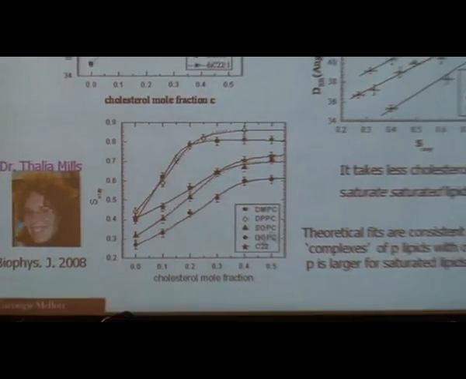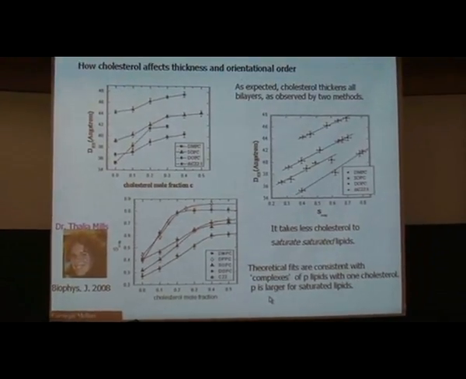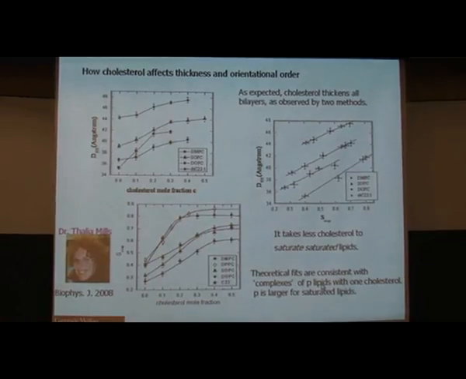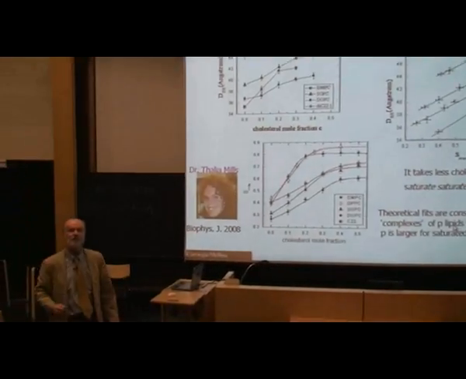And it's so simple, as a physicist, I hate to even promote it. However, it has enough parameters that it fits the data very well. And it may actually lead to some insight. The insight is that with the saturated lipids, the amount of lipid that one cholesterol can complex is larger. It interacts with more lipids and has a larger complex than when you have one cholesterol in an unsaturated lipid mixture.